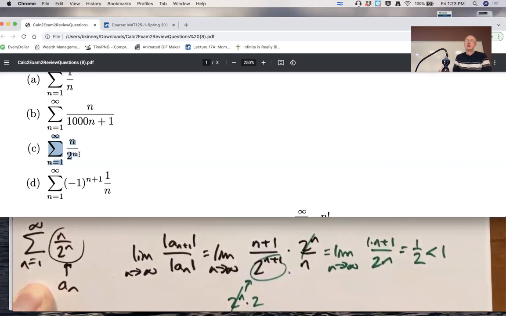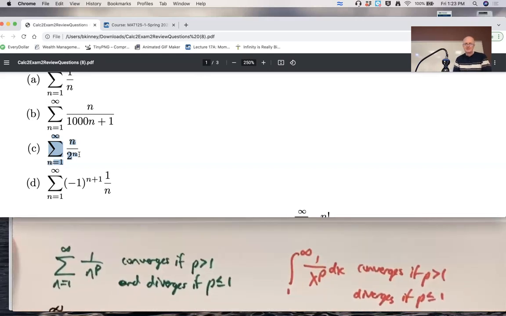If the limit had been bigger than 1, then the series would diverge. And if we had gotten a limit equal to 1, then the ratio test is not helpful. No information. It might converge, it might diverge. In fact, I think I mentioned this before, if you try to apply the ratio test to any p-series, you'll get a limit of 1, no matter what p is.